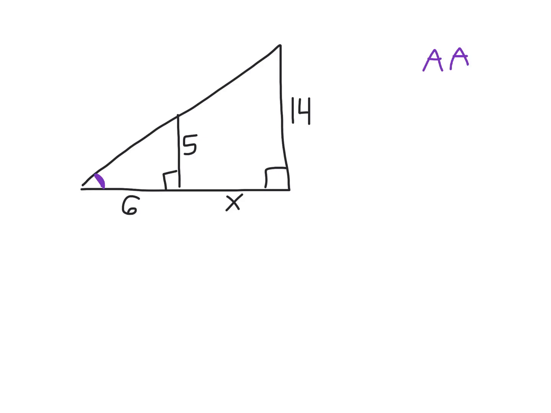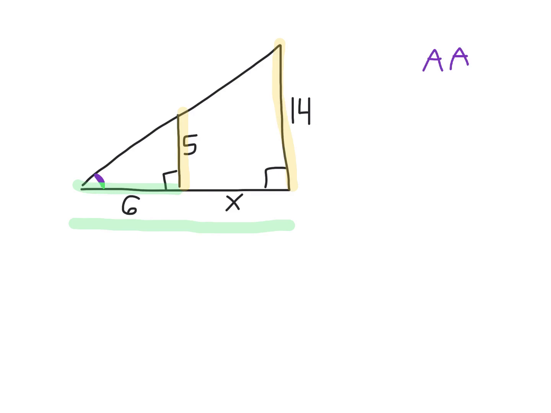So let me show you one possible ratio that you could set up here. So here we know that this side of 6 is going to match up on the bigger triangle with this total distance down here. So I want you to think about what that would look like and how I would write that. And then this side length of 5 would correspond to the side length of 14 on my bigger triangle.